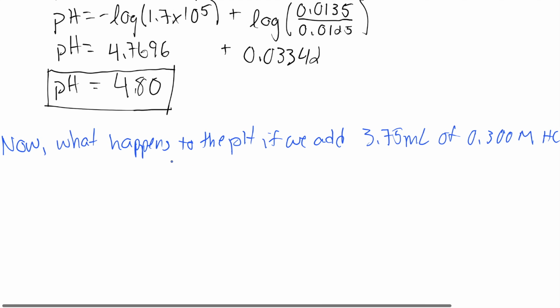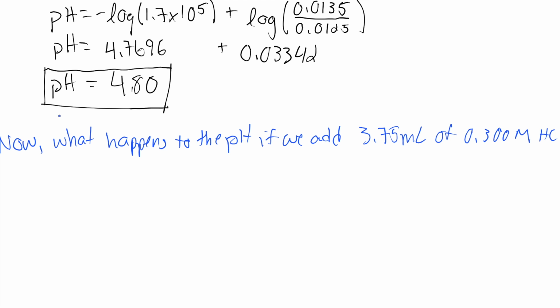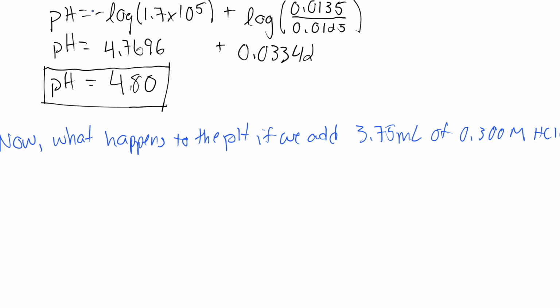So let's do the same thing here. Let's zoom out a little bit. So now we have 3.75 milliliters of 0.300 molar HClO4. Well, we can do the same thing here. We can solve for the moles.